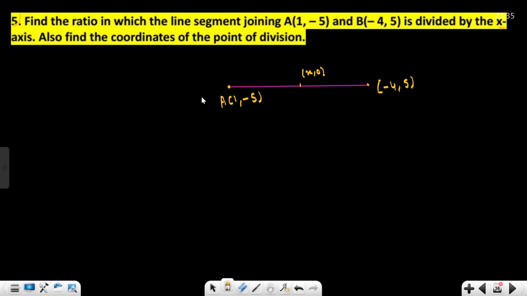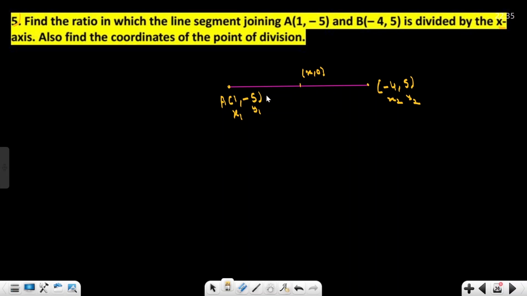Here are two questions. First we find the ratio, then we find the point coordinate x. Simply like the previous question, we find the ratio. Here x1, y1, x2, y2.